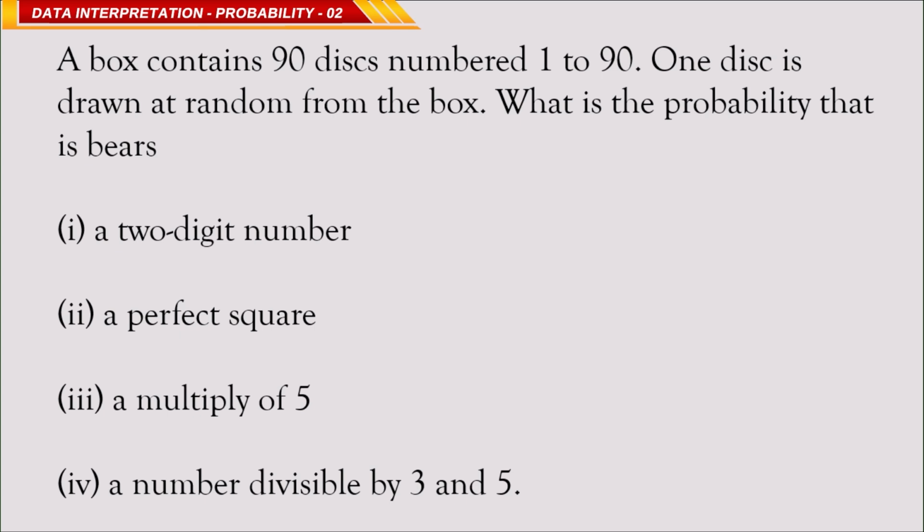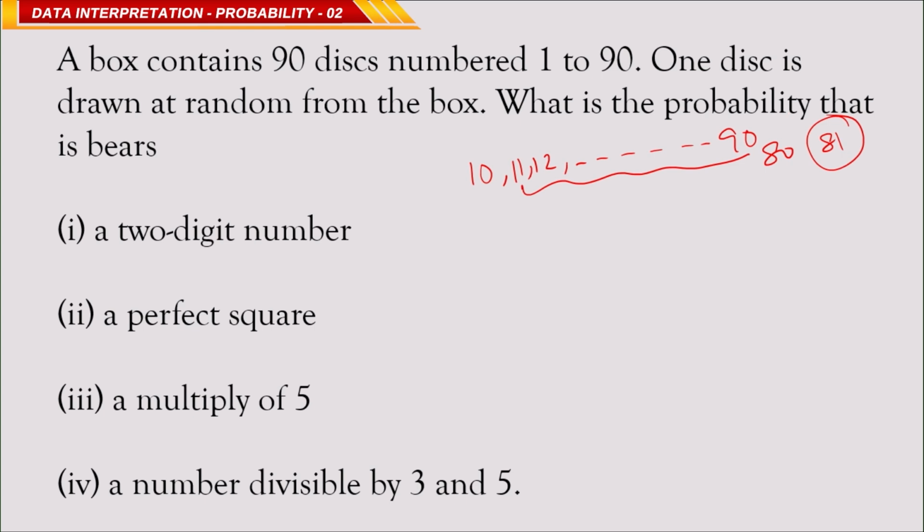The 2-digit numbers start from 10, 11, 12 and so on up to 90, correct? So from 11 to 90, how many numbers are there? 80, correct? And we have to include 10 also, so there are 81.